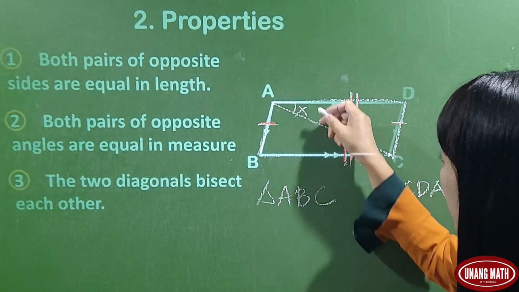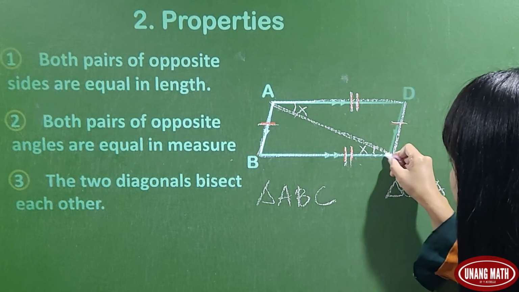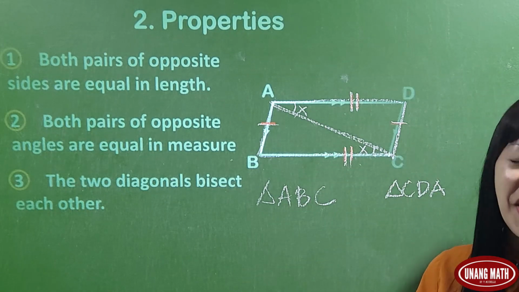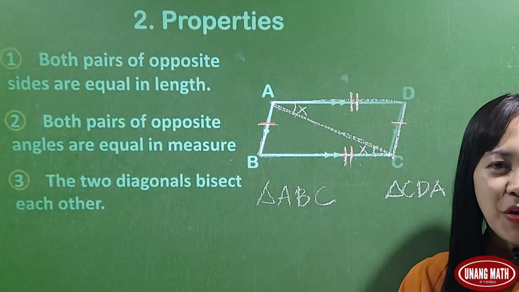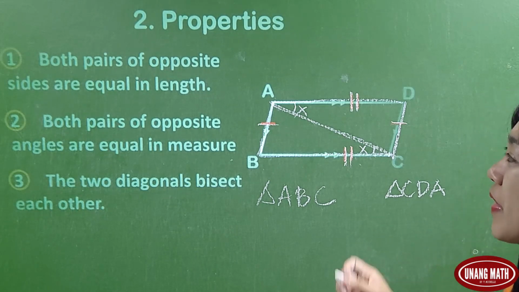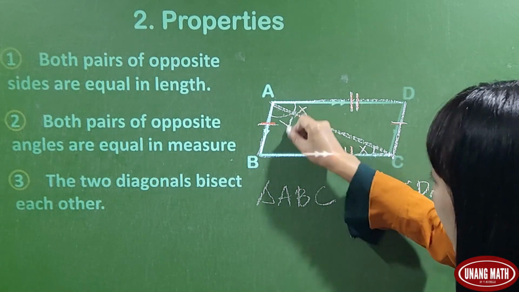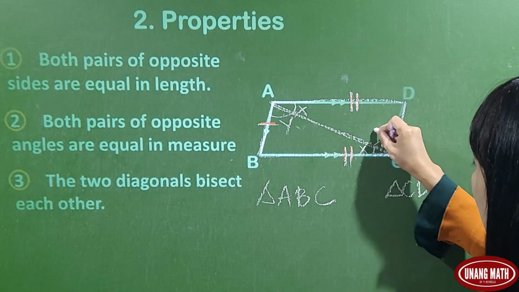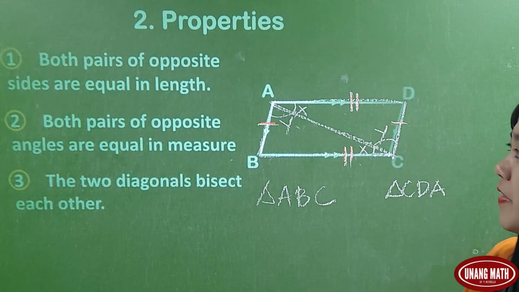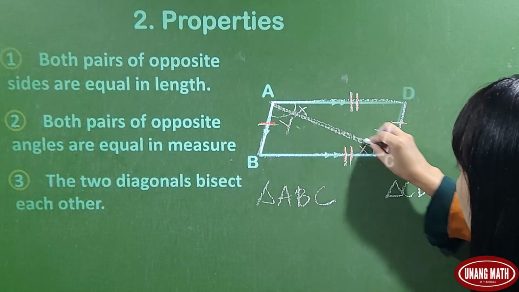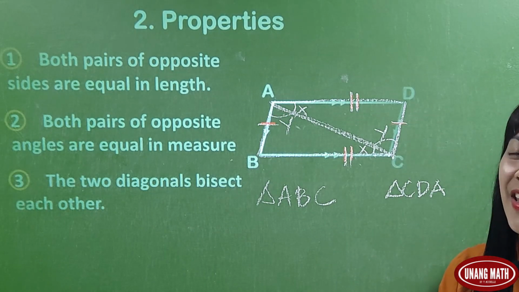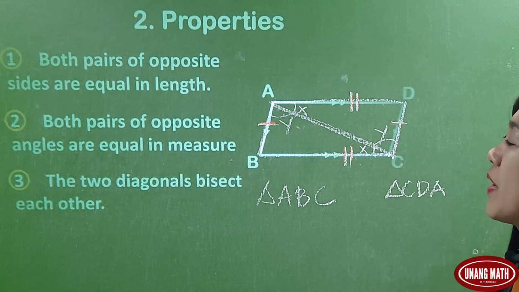Same measure, because these two angles are alternate interior angles. They are equal in measure. So if this is angle Y, then this is also angle Y. Same reason. These two angles are alternate interior angles, so they are equal in measure.